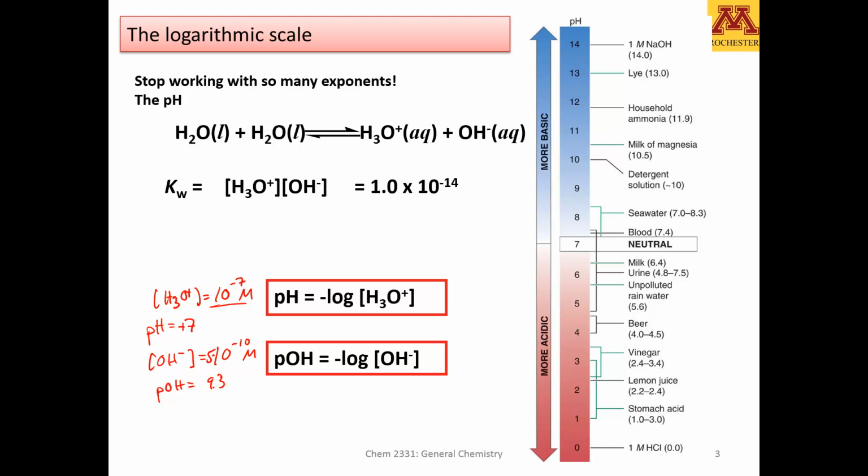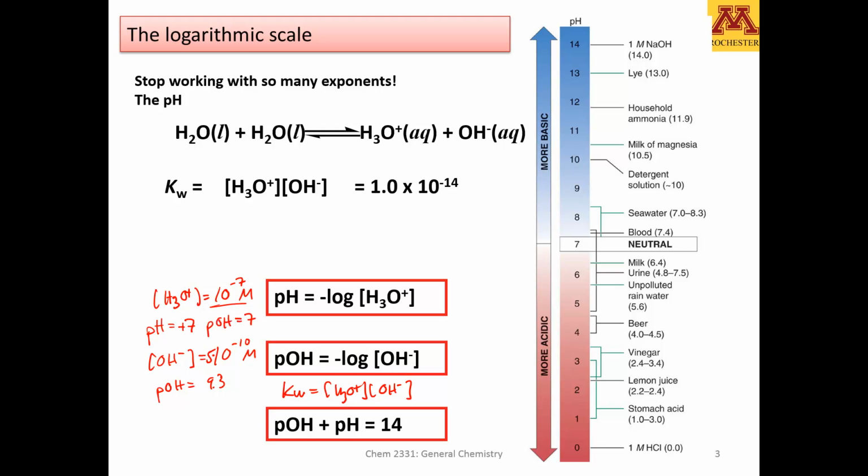Okay, and of course we can then use the relationship we knew as the autoionization of water, because if you take the log of this equation, it means that pH and pOH always need to add up to 14. So when the pH is 7, the pOH has to be 7.